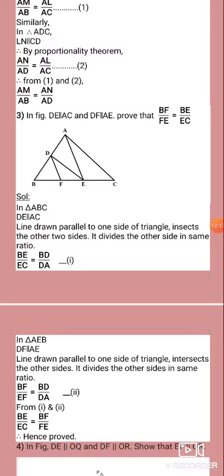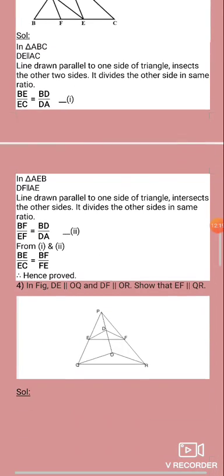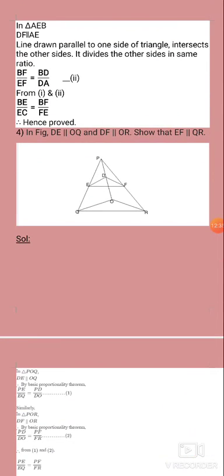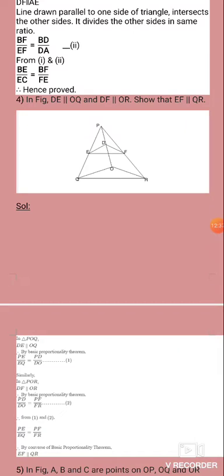So we can equate the other sides. Now the next question. In this figure, DE is parallel to OQ and DF is parallel to OR. Show that EF is parallel to QR. In triangle POQ, DE is parallel to OQ. So using BPT, PE by EQ is equal to PD by DO.